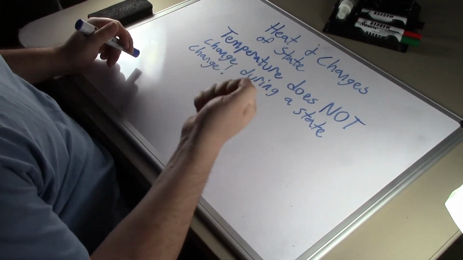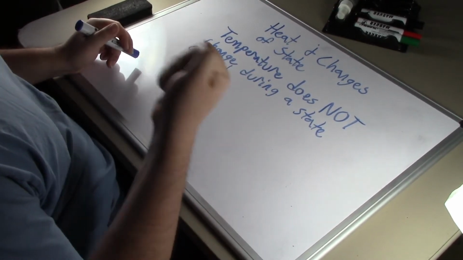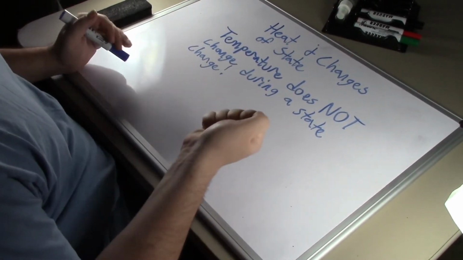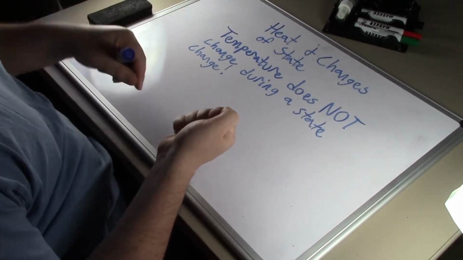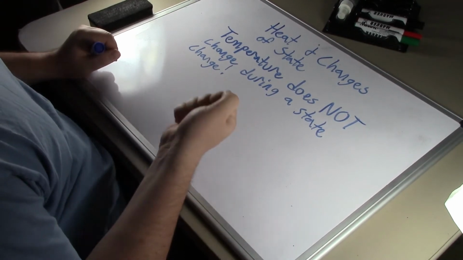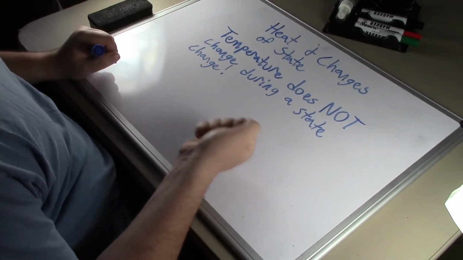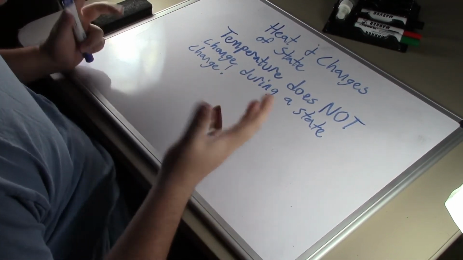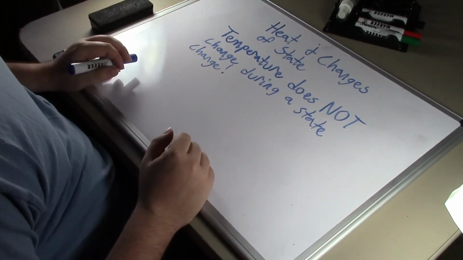So if you get an ice cube and you hold it in your hand and it starts to melt, it's starting to melt because energy from your hand is going into the ice, but it does not change its temperature. It'll still be at 0 degrees Celsius until all the ice is melted, and then the liquid water could start to raise in temperature.